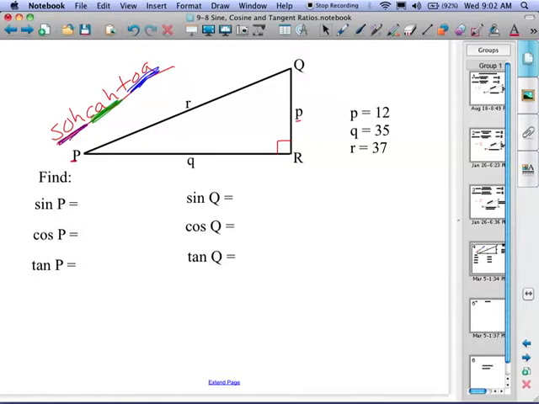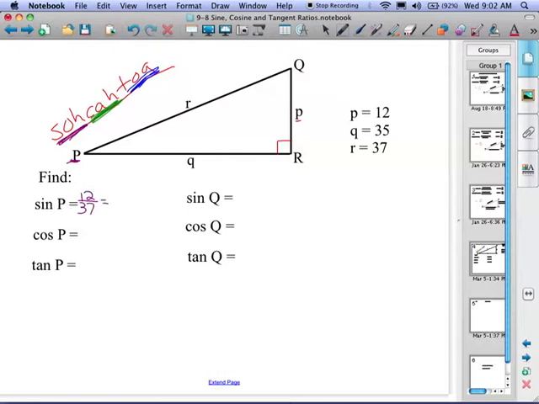We're going to find the sine of angle P. Angle P right here, and the sine is going to be opposite over hypotenuse. So the opposite is little p, which is 12, and the hypotenuse, which is r, is 37.